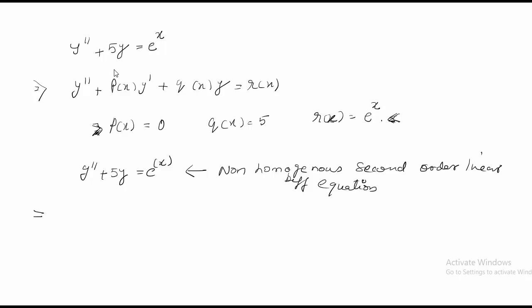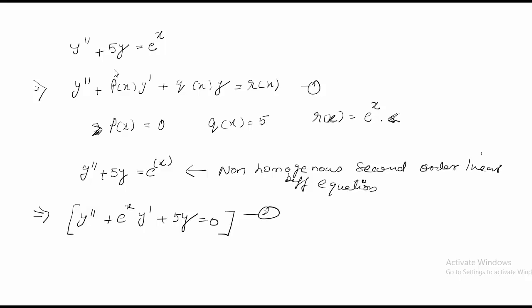Well, considering another case, if I have an equation which can be written as y double dash plus e raised to x y dash plus 5y is equal to 0, so if the previous was my example 1, this is my example 2.